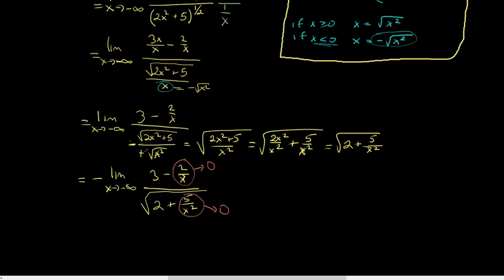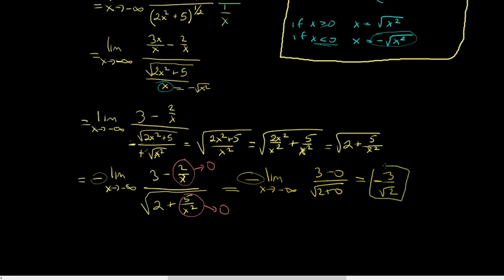So what's left over then is negative, right? The negative is still in front here, so don't forget that. Limit, as x goes to negative infinity, of 3 minus 0 over the square root of 2 plus 0. But now there's no more x's, so this is just going to be the constant, 3 over square root of 2, right? But be careful, there's that negative in front, so it's actually negative 3 over the square root of 2.